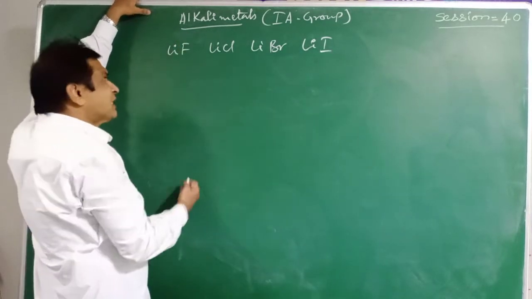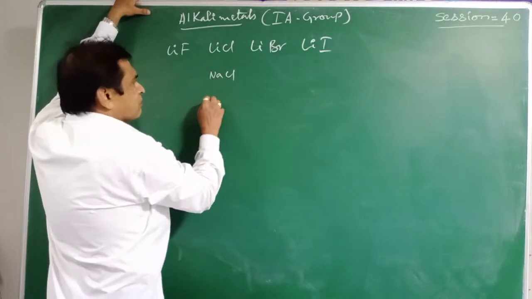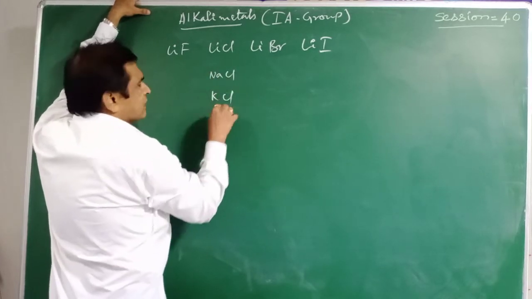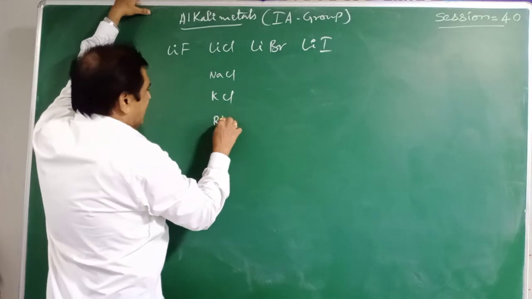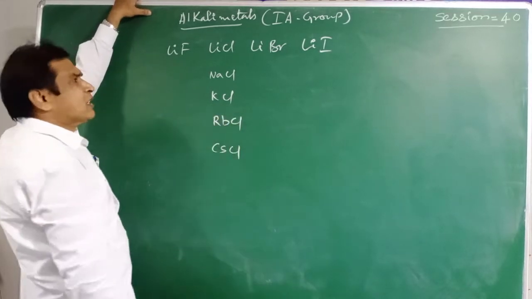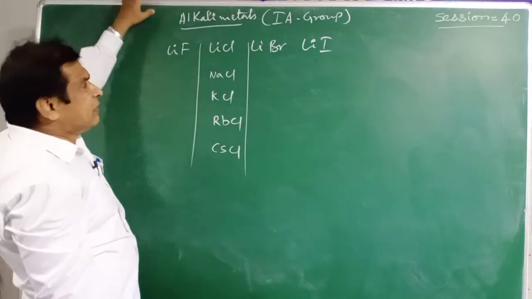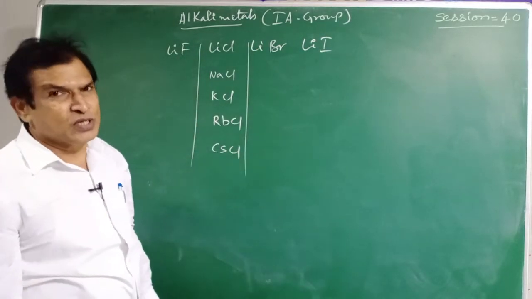Suppose you consider the chlorides: lithium chloride, sodium chloride, potassium chloride, rubidium chloride, and down the group, cesium chloride. These are all chlorides of alkali metals. Now, which is more ionic and which is less ionic?